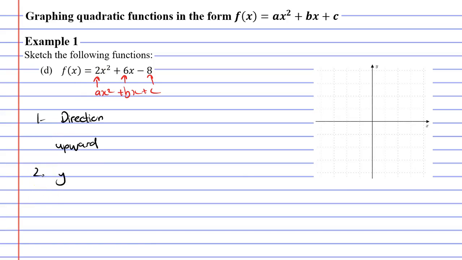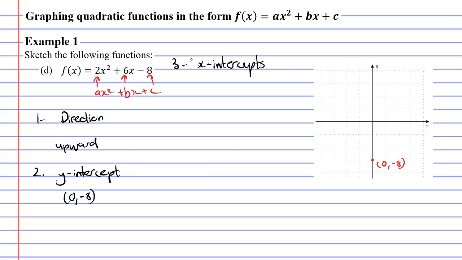Finding the y-intercept is also going to be really easy because we just need to look at our c value. c equals -8. So our graph will intercept the y-axis at this point here, where x is 0 and y is -8. Next, we need to find our x-intercepts.